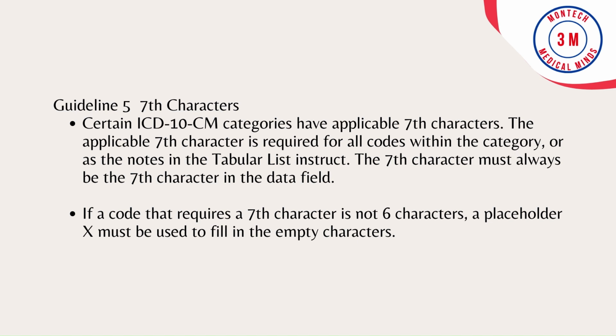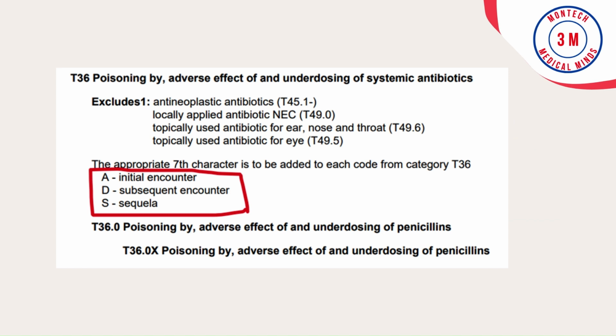If a code that requires a seventh character is not 6 characters, a placeholder X must be used to fill in the empty characters. Example for review: code category T36 doesn't have any 5th-digit character assigned, however, 6th and 7th-digit characters are assigned. Hence for the T36 category, the 4th digit is to be filled with placeholder character X.